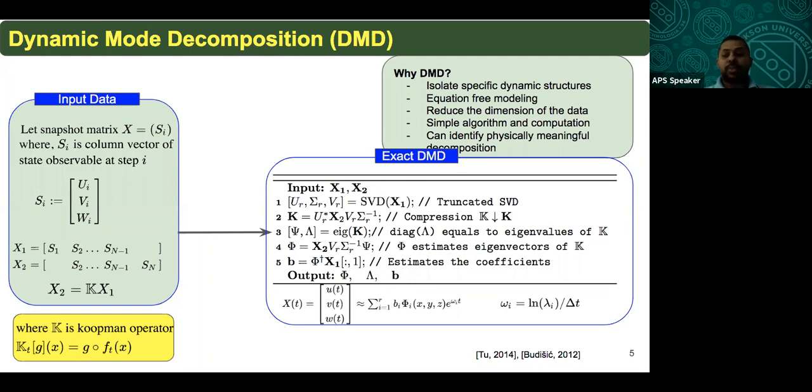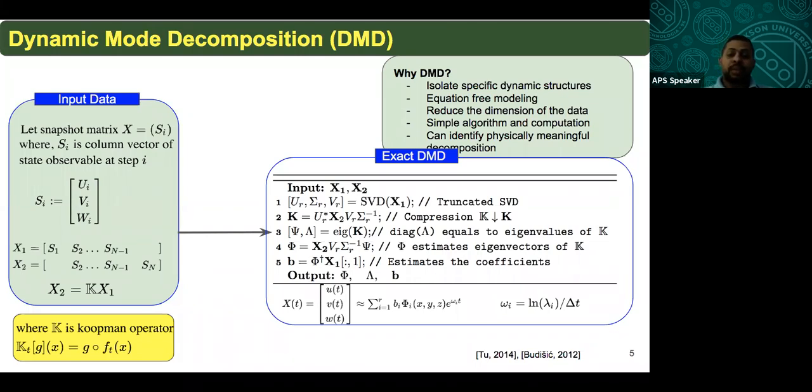It is an equation-free model, so we don't need to know the equations here. Another important feature is that we can predict or interpolate data with a reduced-dimension model, using just a few modes.